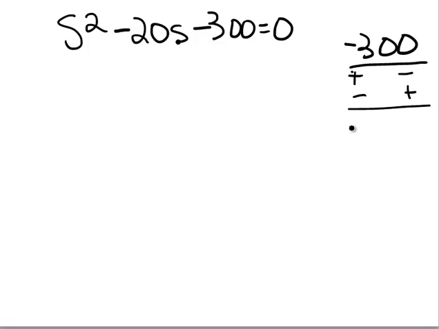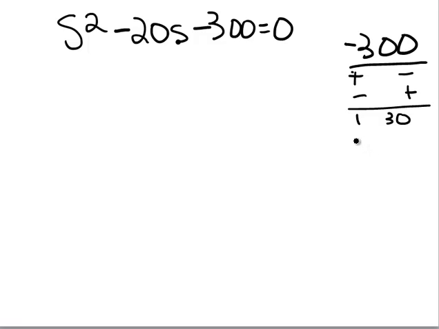So let's do it. So 1 times 300, let's skip ahead a little bit. I think we can sort of cut to the chase. We have to have them be negative 20.